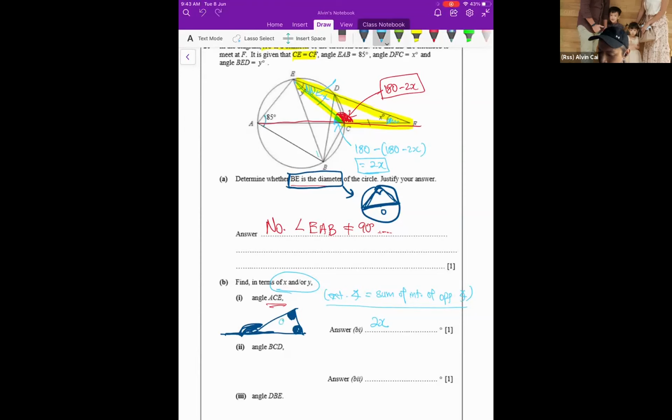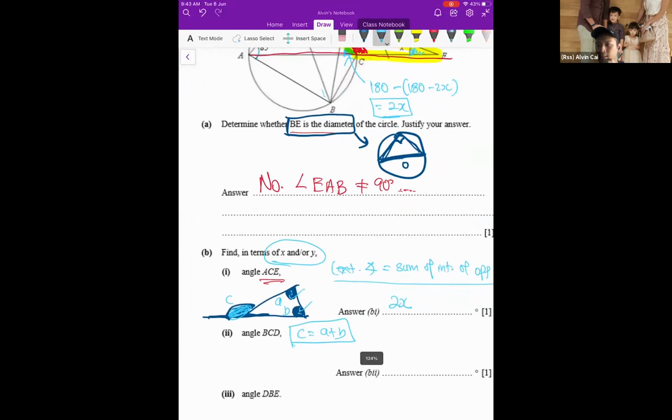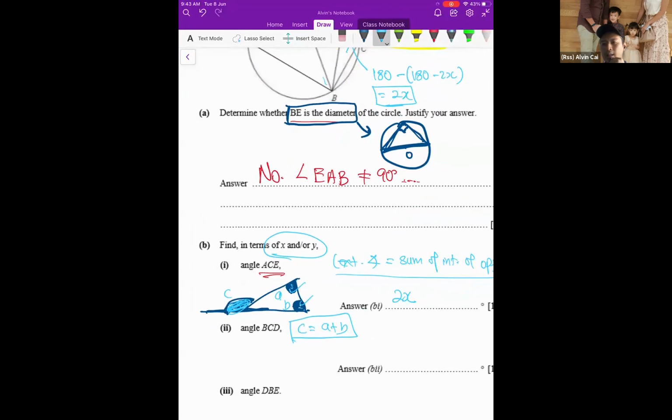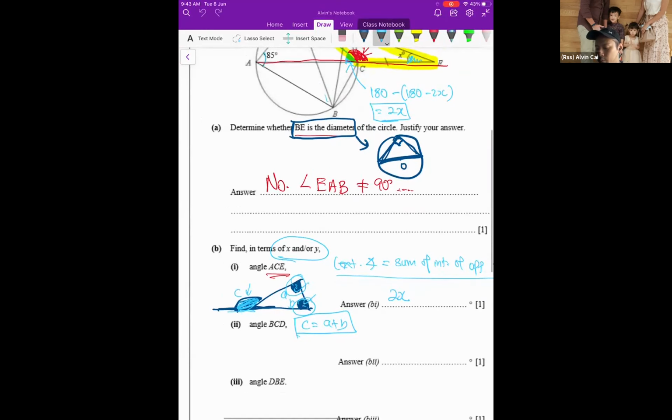So A, B, and C: C will be equal to A plus B. The exterior angle equals the two interior opposite angles added together. Any exterior angle, if you want to find it straight away, just find the two interior opposite angles, and that will give you the value.